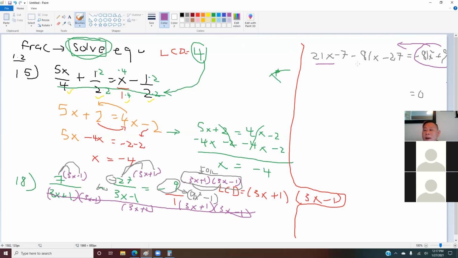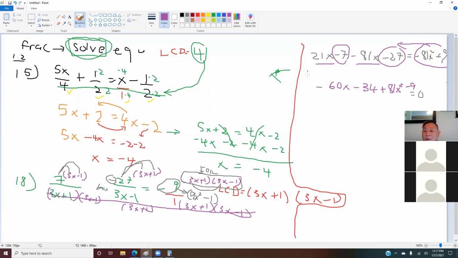So 21x minus 81x, I get negative 60x. Use your calculator. Negative 7 minus 27 is negative 34. And this 81x squared, when you move it over, becomes positive 81x squared. And the positive 9 becomes negative 9.